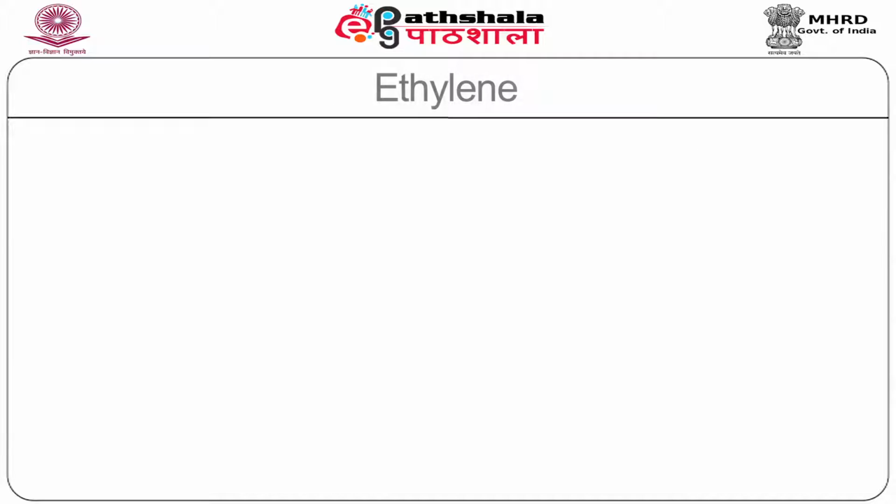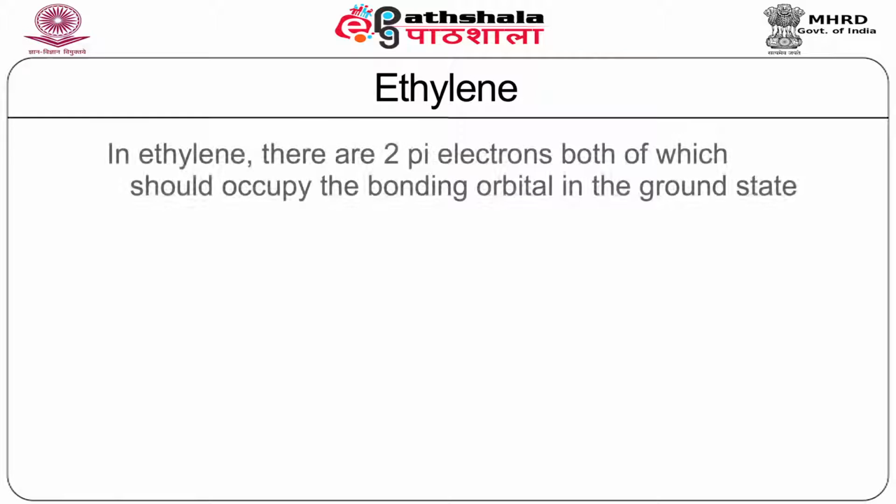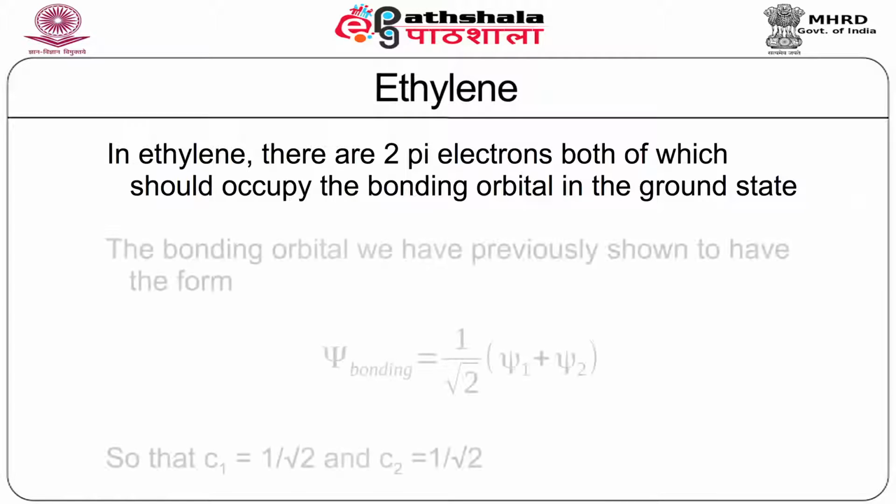With these formulas, let us examine some specific cases. So we begin with the simple molecule ethylene. In ethylene, there are two pi electrons, both of which should occupy the bonding orbital in the ground state.